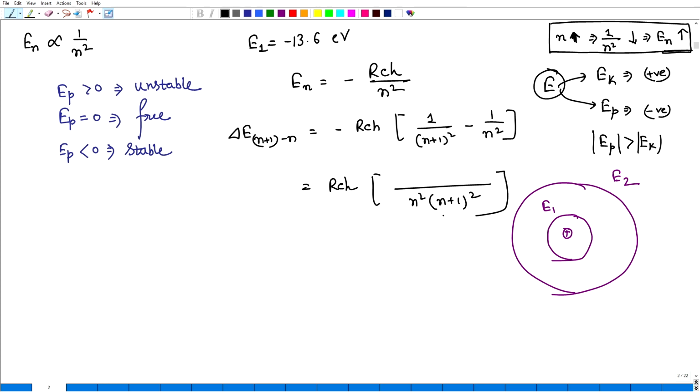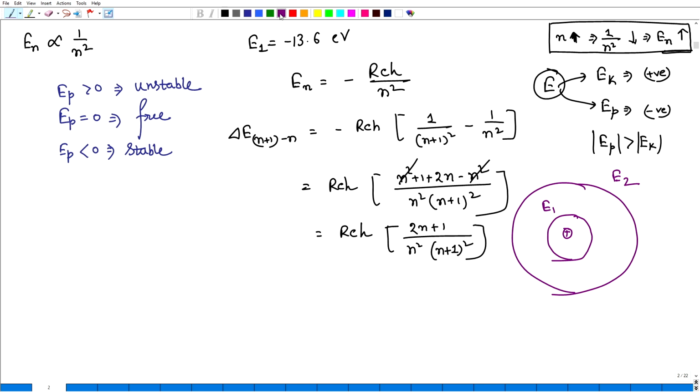This is just basic algebra, the n square minus n square will be cancelled out. Correct. Now if n is very high, let us say... okay, forget it, n is not high, this is the fact.